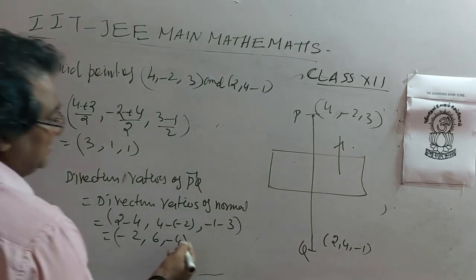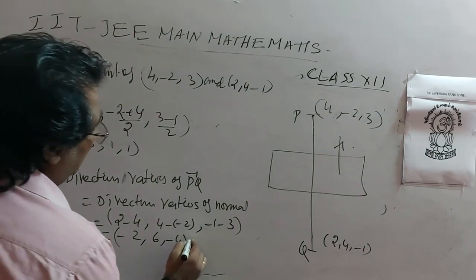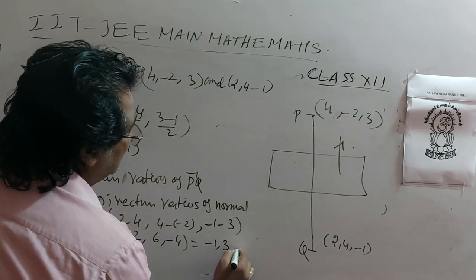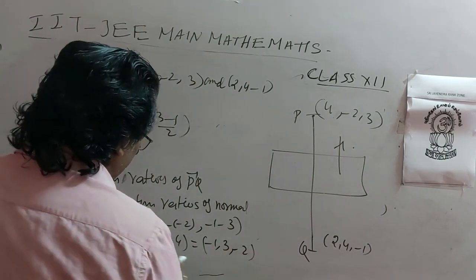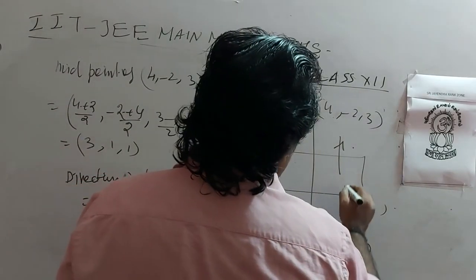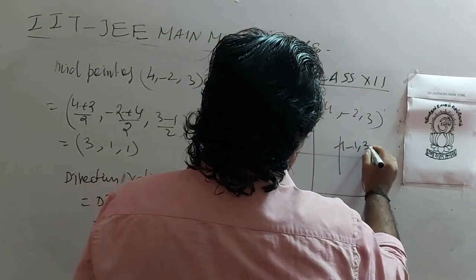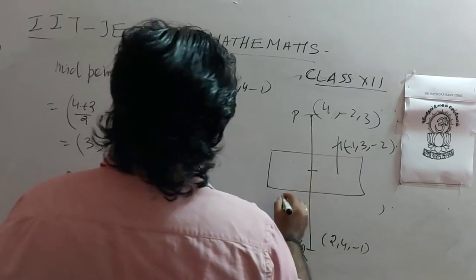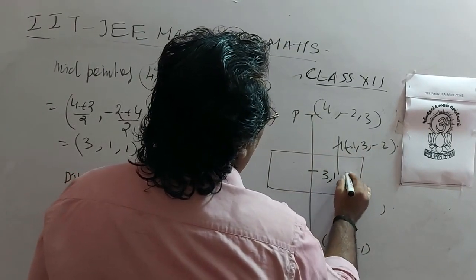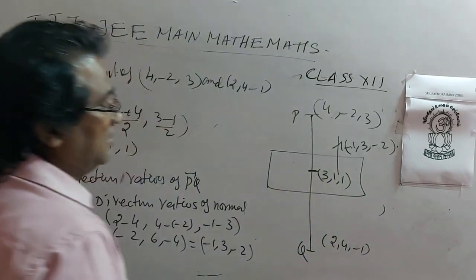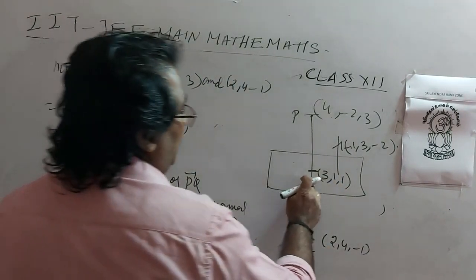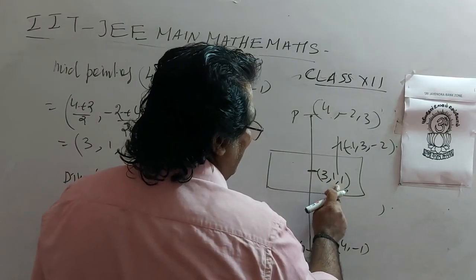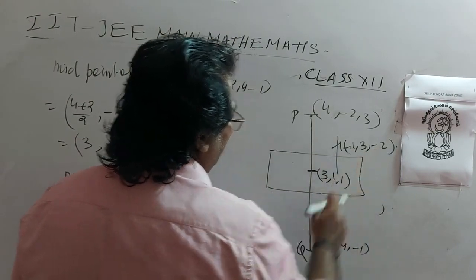This direction ratio is not unique, therefore you can write -1, 3, -2. We know the point 3, 1, 1, that is the midpoint. So the plane passes through 3, 1, 1 having direction ratios of normal -1, 3, -2.